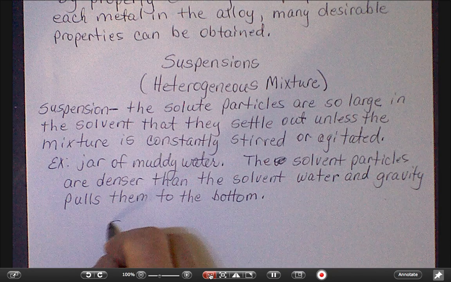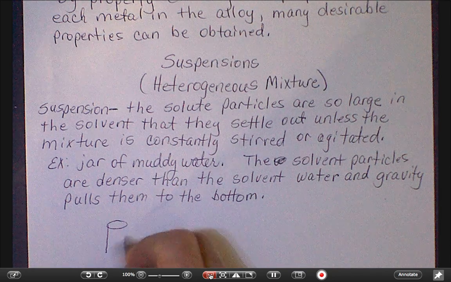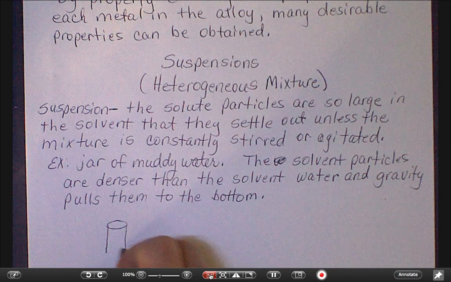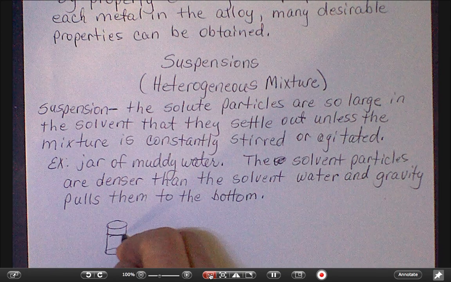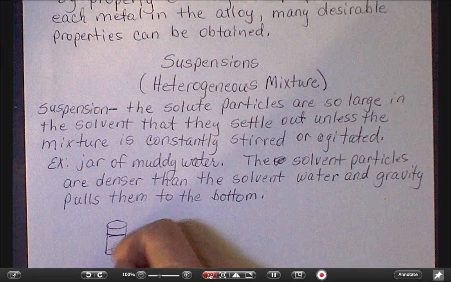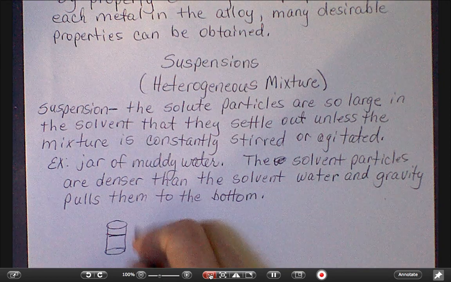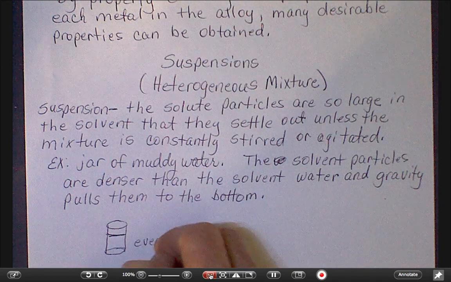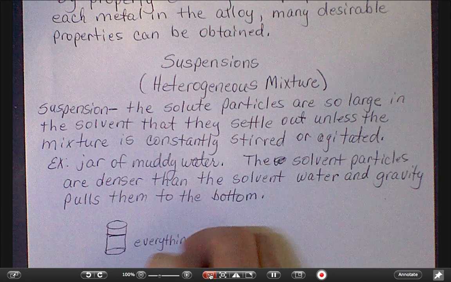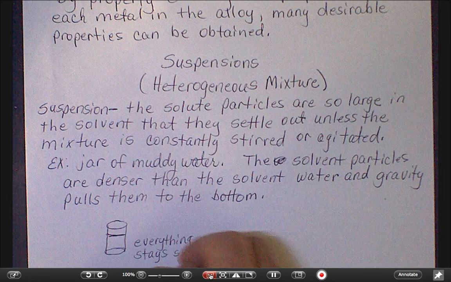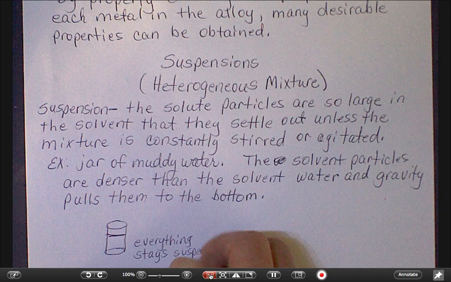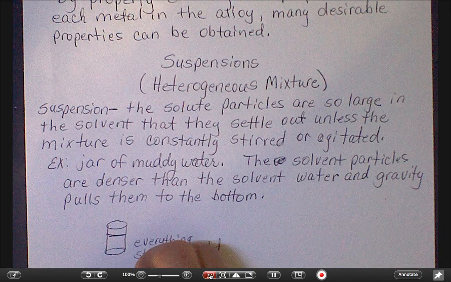Okay, so as long as you're agitating, let's say this is the top of our water, everything stays suspended in the water.